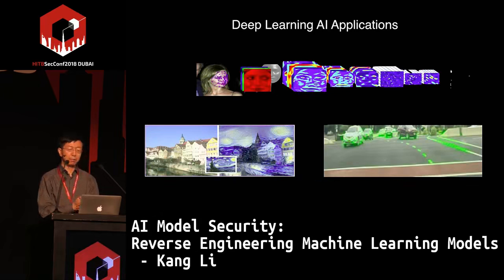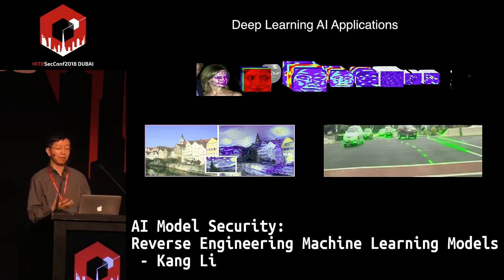Let me go to the topic first. When we say AI today, for me it refers to a really large scope of topics. Initially, when I prepared my talk, I said I'm going to talk about reverse engineering deep learning applications. Unfortunately, now the concept of AI, especially in the popular media, mostly refers to deep learning applications.